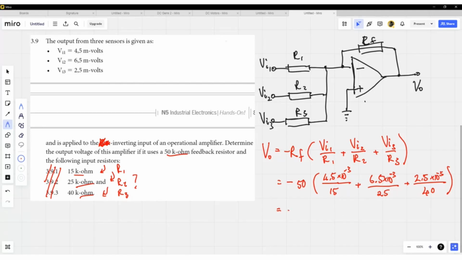So this is going to give you minus 31.125 millivolts. Or you can write it as minus 31.125 times 10 to the minus 3 volts, however you want to write it.